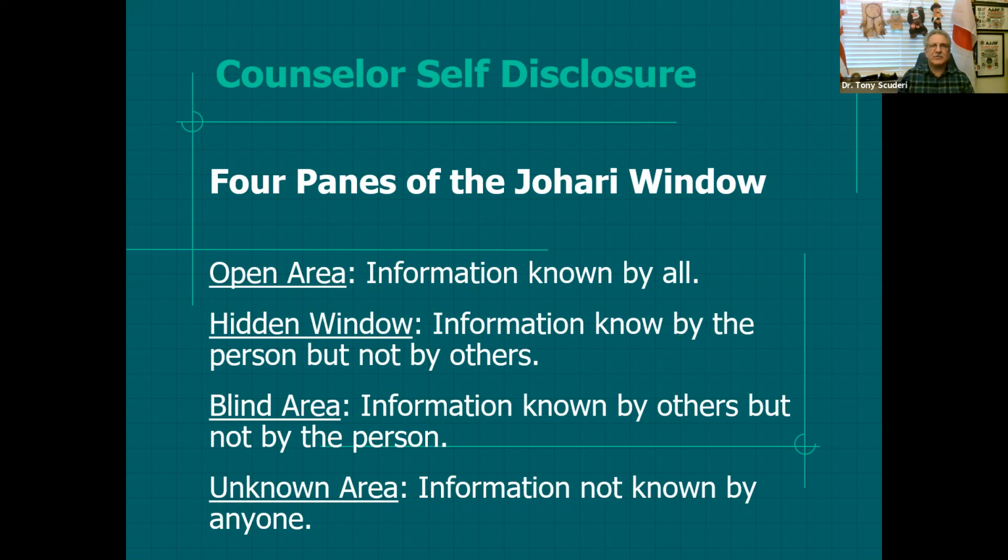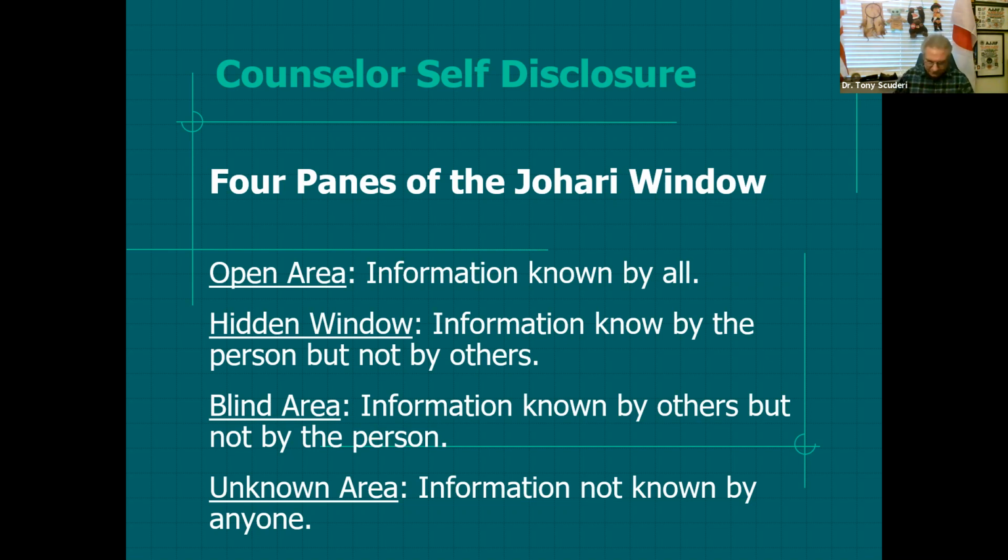In fact, you'll contradict it. You're not a very nice person, are you? What do you mean? I am a nice person. But yet your actions that are so common to you may be seen as not very nice to other people. Or, oh, I'm a really good listener, and as somebody's talking to you, you're kind of going off. Oh, I'm sorry, what were you saying? So that's your blind area, information that's known by others but not by you.